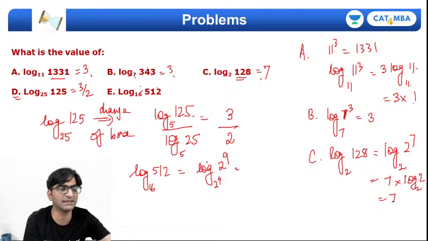So I can use that property: the power in the radicand comes out in the numerator, and the power in the base comes out in the denominator. This becomes 9 log 2 upon 4 log 2 in the base 2. Clearly that's 1, so this becomes 9 by 4, which is 2.25. That's how you can evaluate these basic logarithmic problems. Yes, 9 by 4. Good job, Shreya.